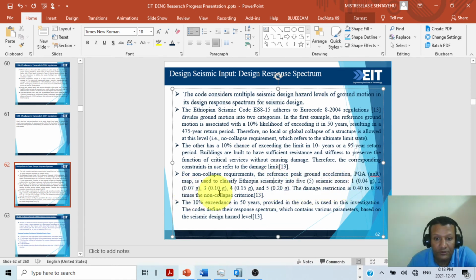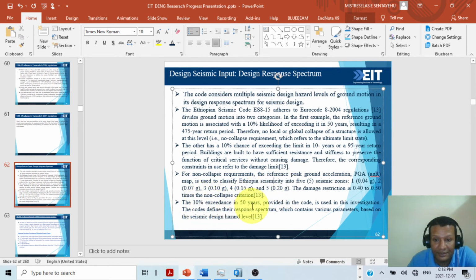Zone 1, 2, 3, 4, 5, 6. This is the PGA value: 0.04g for zone 1, zone 2 0.07g, zone 3 0.10g, 4 0.15g, 5 0.2g. The damage restriction is 0.4 to 0.5 times the non-collapse requirement.